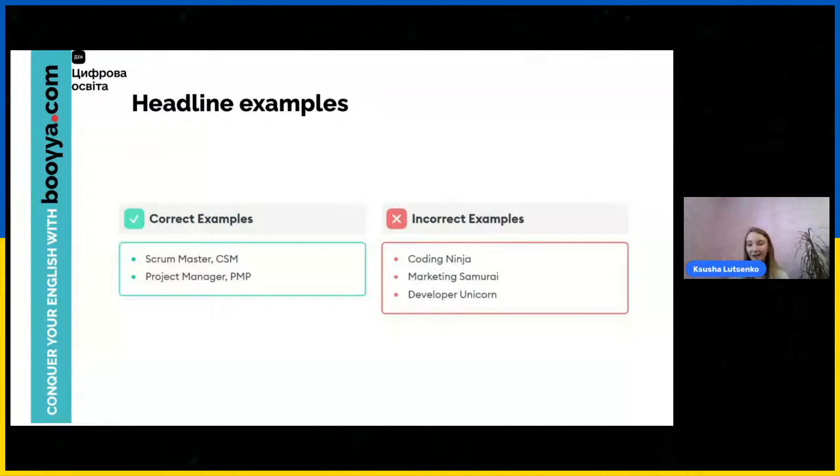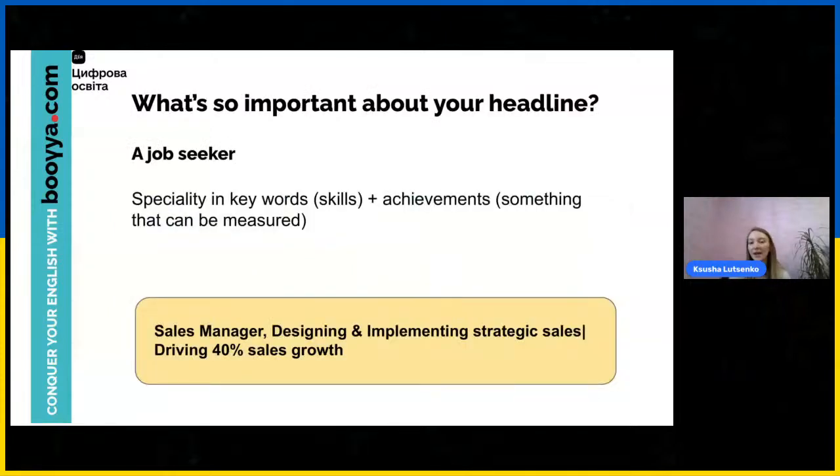So let's take a look at good examples that I would definitely recommend you to use. I came up with a strategy or formula that you can use if you are a job seeker and an entrepreneur. Starting with a job seeker, it's a great idea to include in your headline your specialty in keywords, which are basically skills, and achievements or something that can be measured.